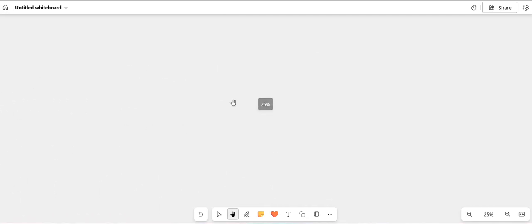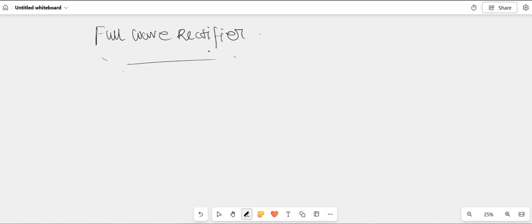So in a full wave rectifier, the efficiency is equal to, I am representing efficiency by eta, this is the symbol of efficiency. So this is equal to P of DC divided by P of AC.